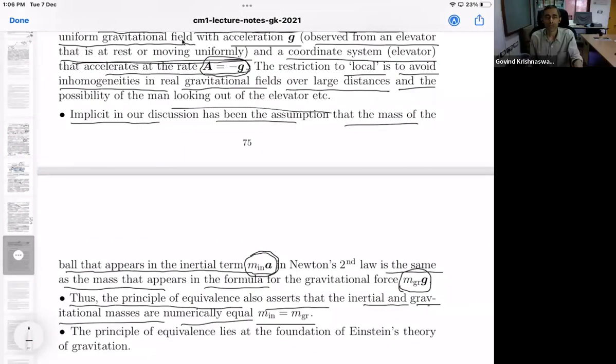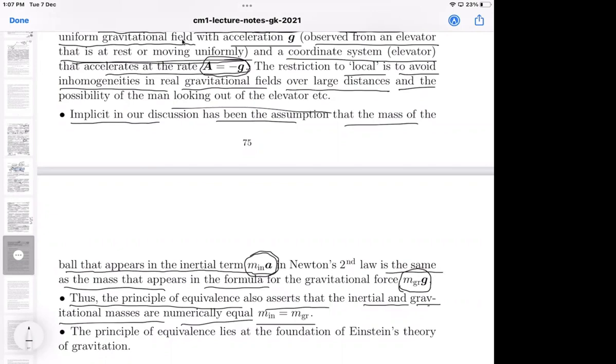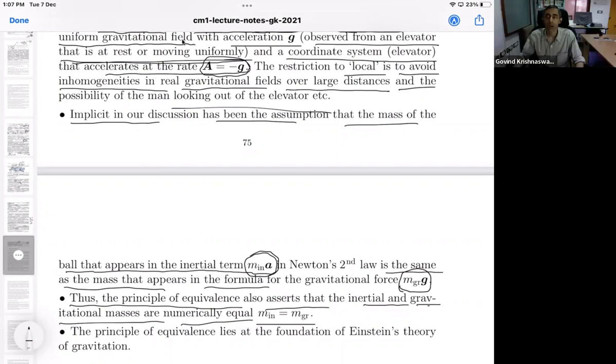Okay, so maybe the significance of what we have made is an observation that two physical situations are very similar. Physics in uniform gravitational fields looks a lot like physics in uniformly accelerated frames. Now, why is this important?